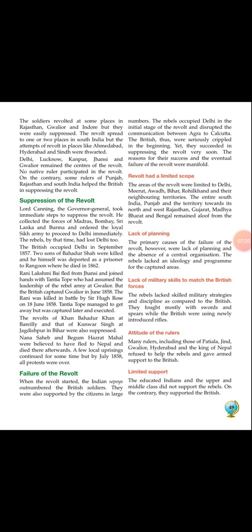Delhi, Lucknow, Kanpur, Jhansi, and Gwalior remained the main centers of the revolt of 1857. No native ruler participated in the revolt. It means not a single ruler participated in the revolt.